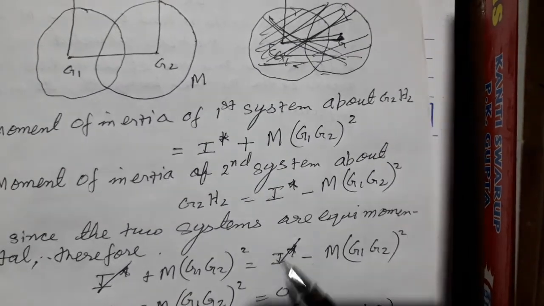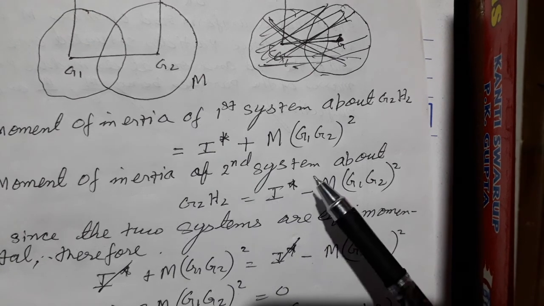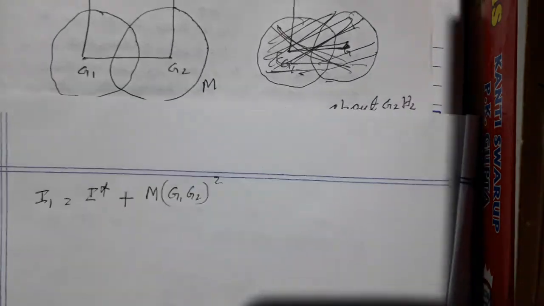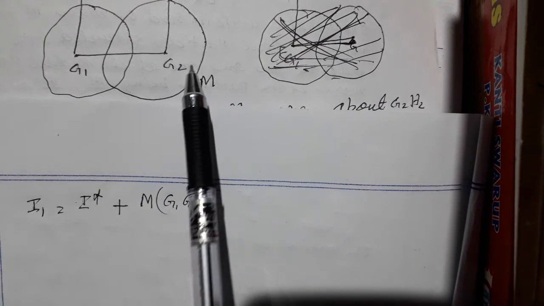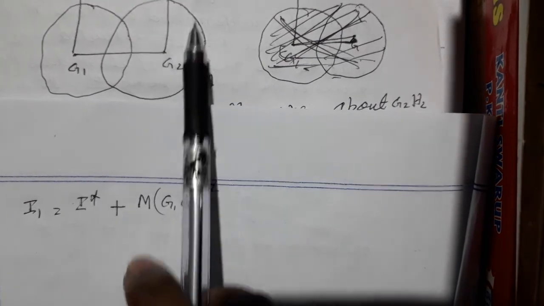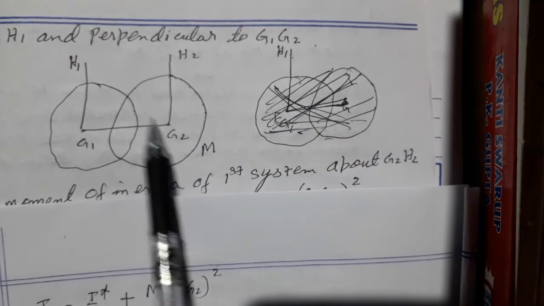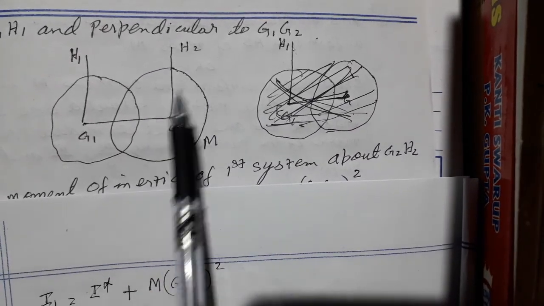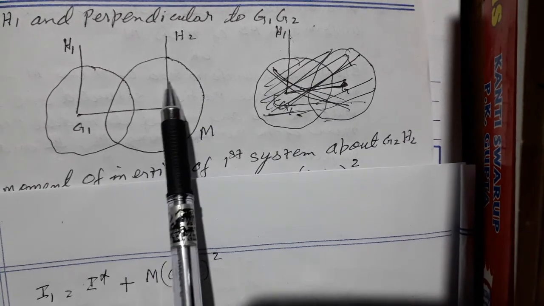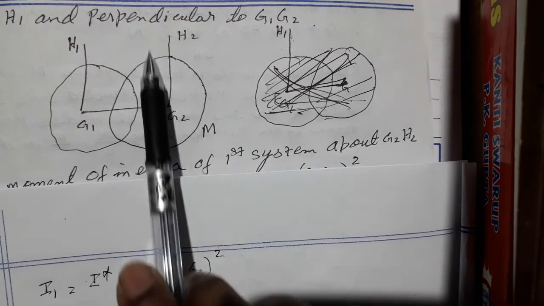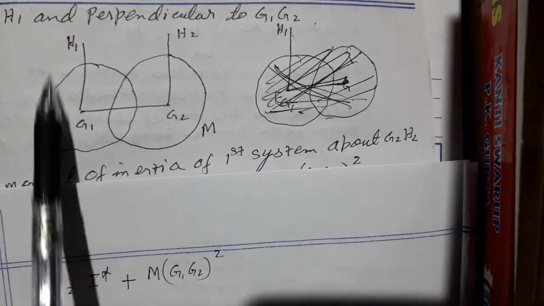Now we'll try to find the moment of inertia of the second system about G2 H2. Suppose I take the moment of inertia of the second system about G2 H2 to be I1, and the moment of inertia about G1 H1 is I star.